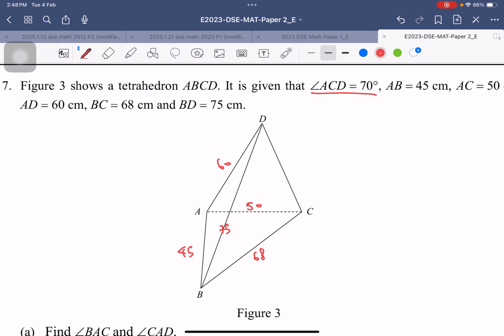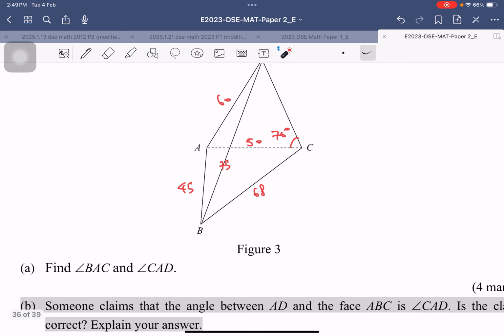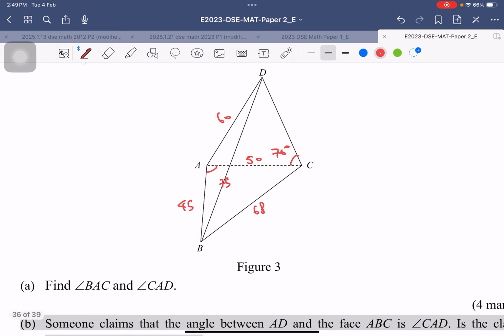And we still have the angle ACD, which is 70 degrees. Now we're trying to find the angle BAC. Where is BAC? This is the angle that we want to find, together with the angle CAD.